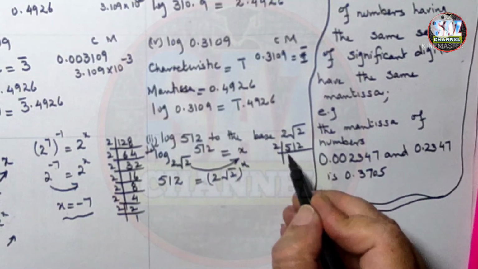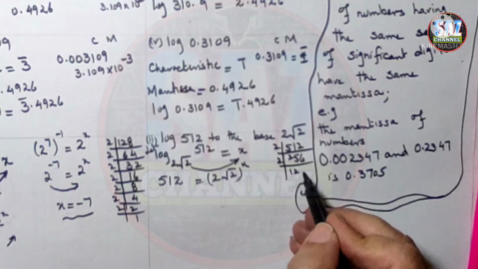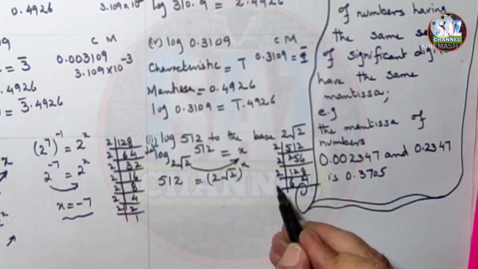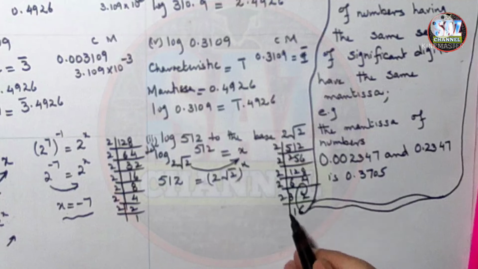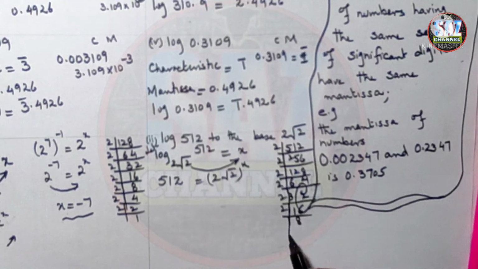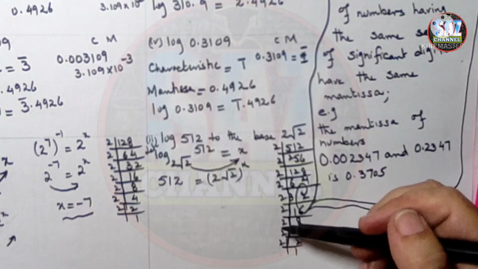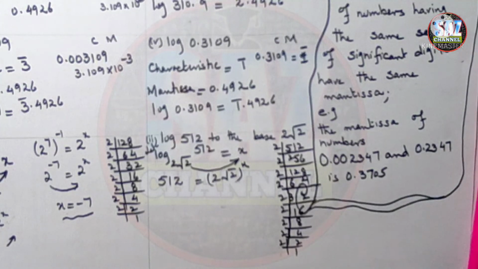Using the table of 2: 2 times 256, 2 times 128, 2 times 64, 2 times 32, 2 times 16, 2 times 8, 2 times 4, 2 times 2, and 2 one time. 2, 4, 8, 16, 32, 64, 128, and 128 multiplied by 4 gives 512.